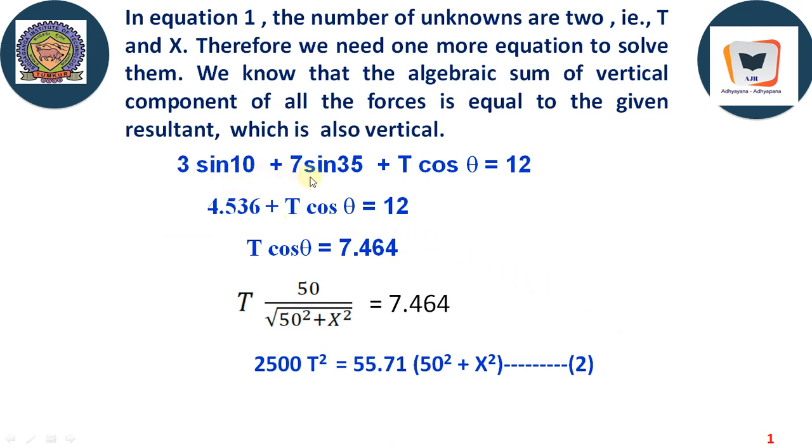So 3 sin 10 plus 7 sin 35 plus T cos theta equals 12. Simplifying the first two terms gives 4.536, so T cos theta equals 7.464 upon further simplification.